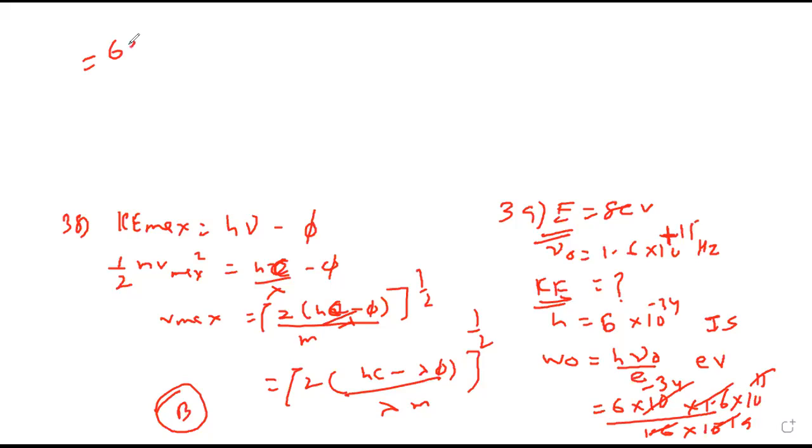So 6 electron volt. Therefore, K max is energy minus work function, 8 minus 6, 2 electron volt, which is nothing but D.